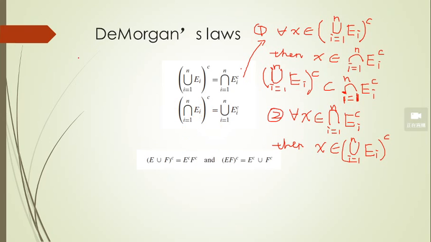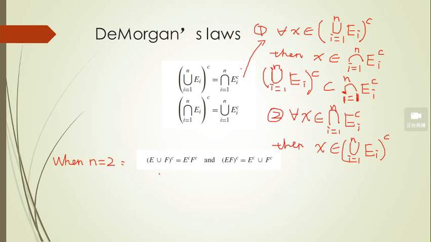Especially here, if we take n equals 2, it's easier to understand. When n equals 2, we have two events, the union of E or F. We have two events, which means E1, E2, just two events.